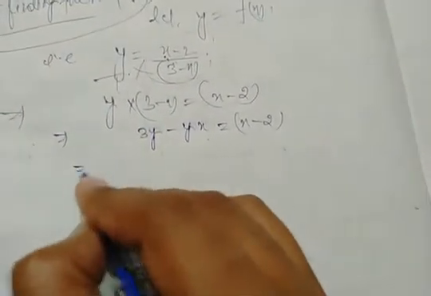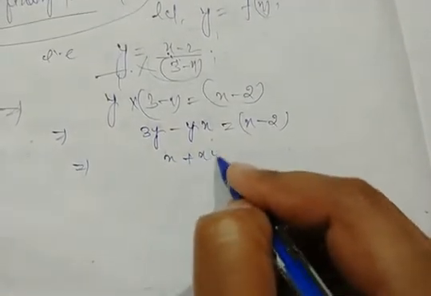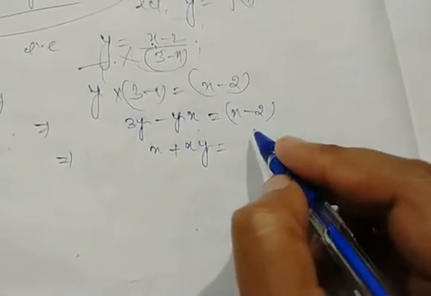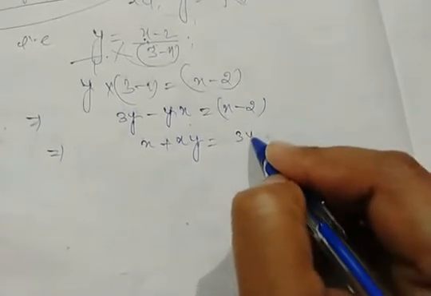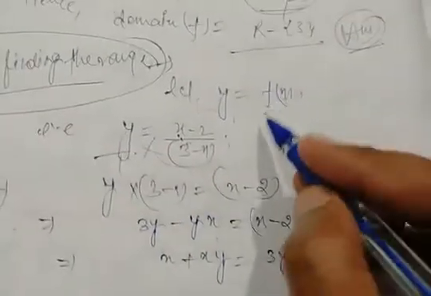We separate x, that is x plus xy is equal to 3y plus 2.